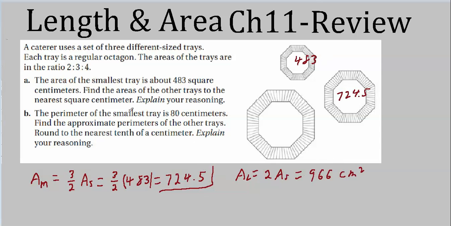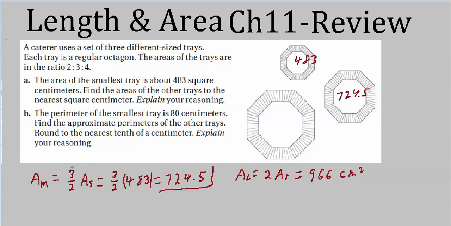Next, they want to know about the perimeters. Well, they gave us the ratios for the areas, but remember, those would be the squares. In other words, if the ratio of the medium to the small is 3:2, then the ratio of the scale factor would be the square root of 3 over the square root of 2.